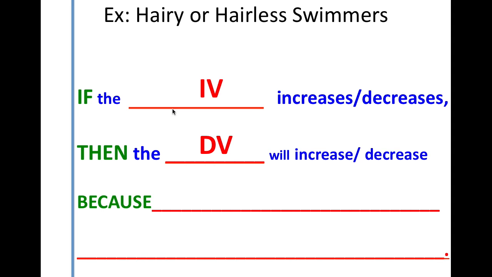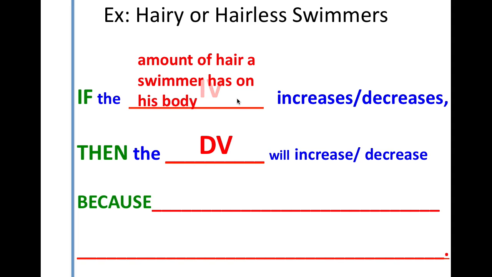So if the, and we know the independent variable is the amount of hair a swimmer has on his or her body, we just need to choose one of these two. So let's go ahead and choose increases. So if the amount of hair a swimmer has on his or her body increases, then you just have to fill in what the dependent variable is, and we know that the dependent variable is the swim speed.